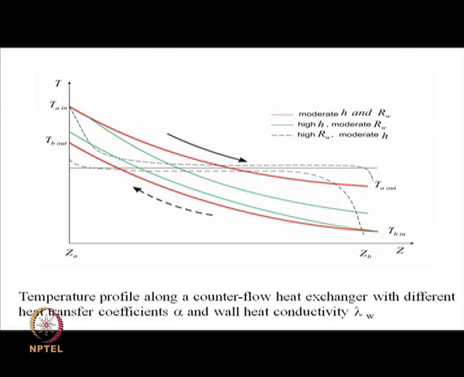But the interesting observation is the lightest one, which is a typical chair-shaped curve. It starts with some value over here, that is the hot end, and it ends at this point, which is the cold end, and in between it sharply drops, but this region is important, where the temperature of the two fluids will more or less not change.